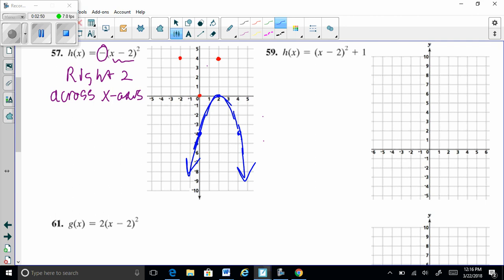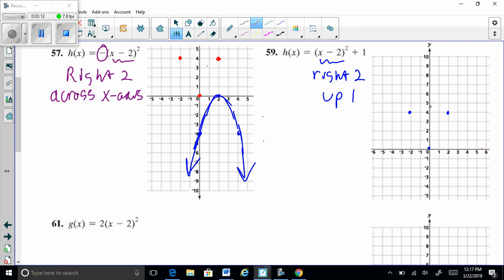So I'll go ahead and move on. This next one's really not that bad. We're going to go to the right 2, and then we're going to go up 1. That's what that +1 tells us. Once again, we'll just put those 3 points as guiding points.